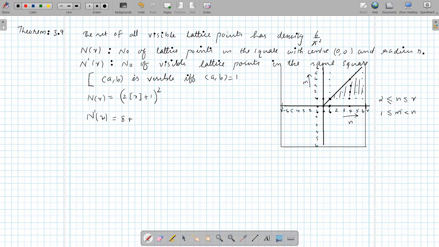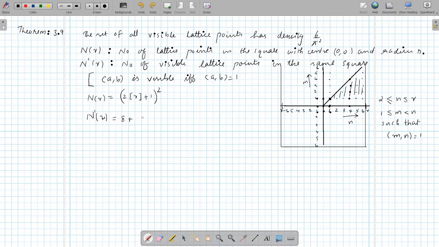We need not consider m comma m or n comma n, with the condition that gcd of m comma n is equal to 1. We need to collect the ordered pairs m comma n such that gcd of m comma n is equal to 1 in this manner. Clear? So these are the visible lattice points from the origin.